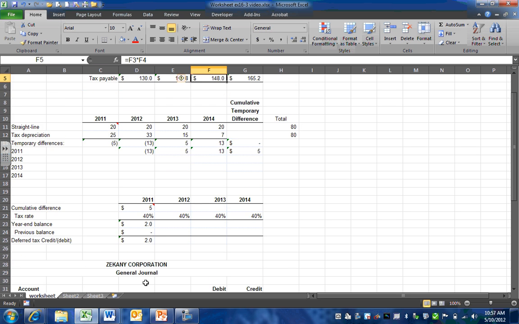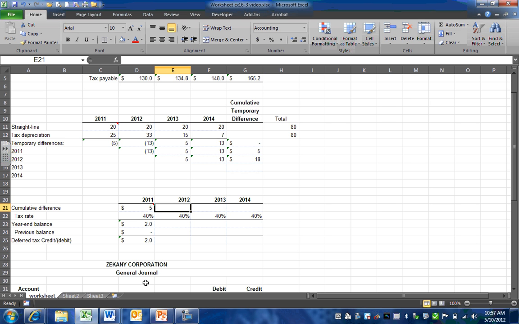In 2012, the future deductions will include the $5 million in 2013 and the $13 million difference in 2014. So we have a total of $18 million.